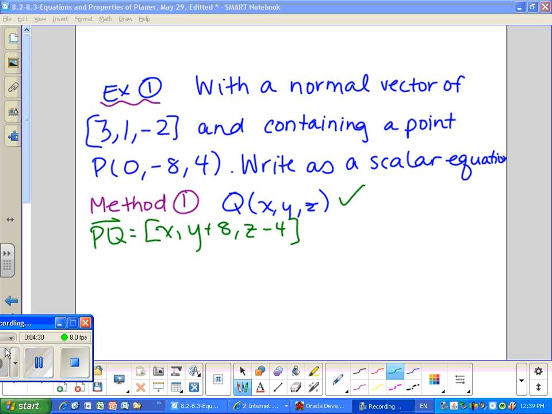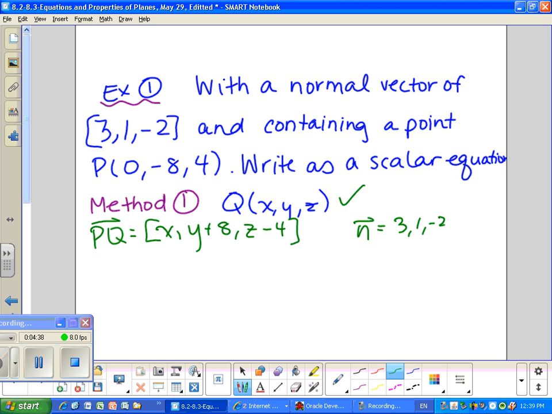So this is going to be a vector which is on our plane. We are also given the normal, which is 3, 1, negative 2. So if this is on our plane and this is normal, what should happen when we take the dot product? It should be 0 because this normal is perpendicular. Good. So let's do that.